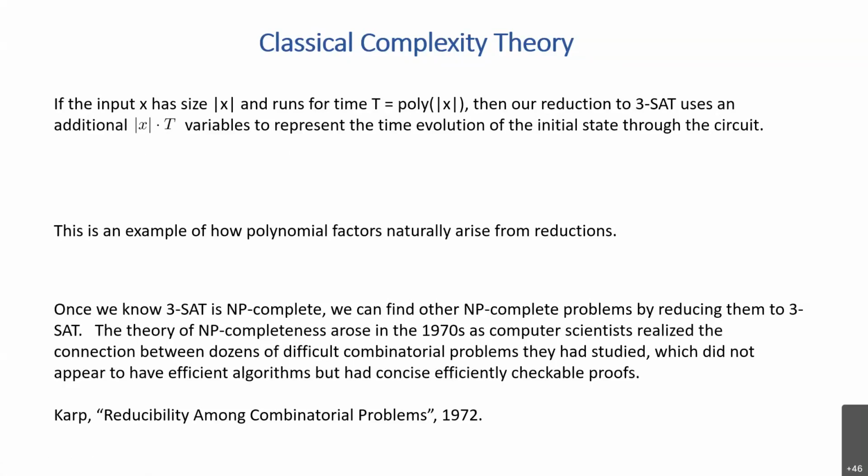So once we know that 3-SAT is NP-complete, you can find a bunch of other NP-complete problems by just reducing them to 3-SAT or generalized SAT. And this theory of NP-completeness was developed in the 70s as computer scientists realized these connections between combinatorial problems that did not appear to have efficient algorithms, but did have concise, efficiently checkable proofs.